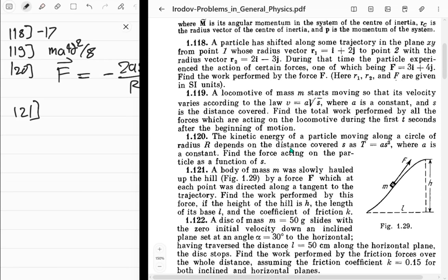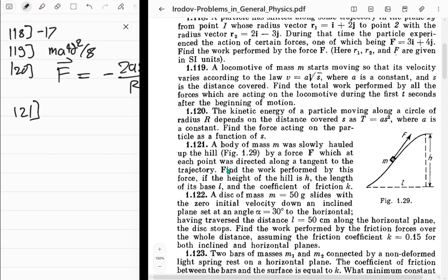121. Body of mass m was slowly hauled up the hill, figure 1.29, by a force F, which at each point was directed along a tangent to the trajectory. Well, that's really nice. So F, okay, it's just the tangential force.